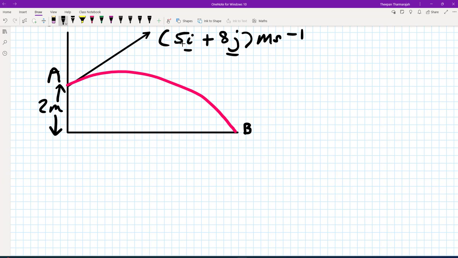Now, part A of the question says to work out the greatest height above the ground reached by the particle. So what we're going to do now is take upwards as positive, and we're going to do a suvat, as what we always do in projectiles.